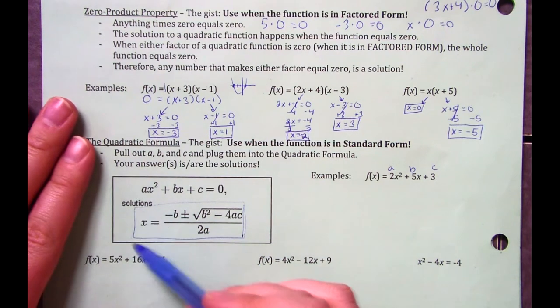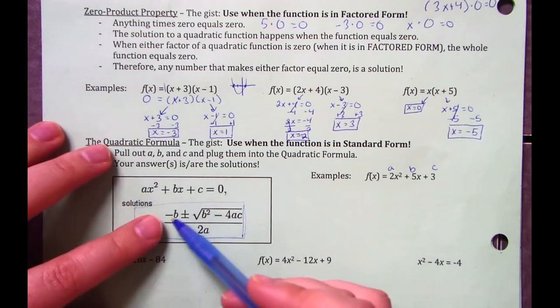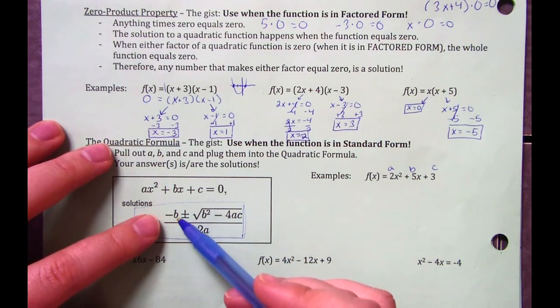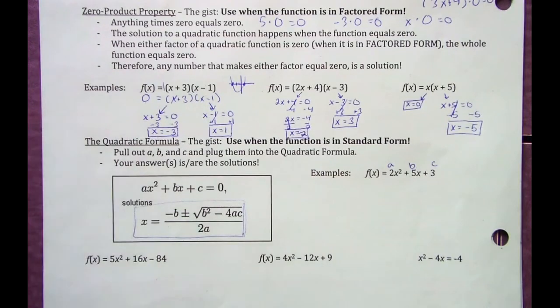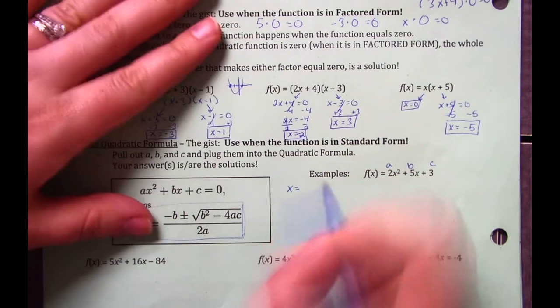So even though this looks like just one formula, it's actually two formulas to give you the two different solutions. Negative b plus all of this, and the opposite of b minus all of this. So when I do that, I get x equals the opposite of b.